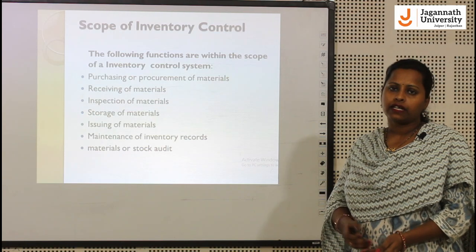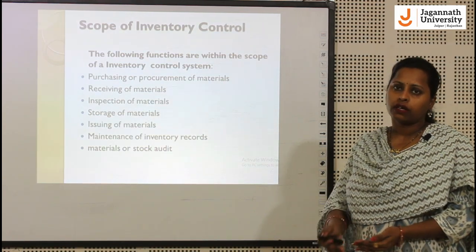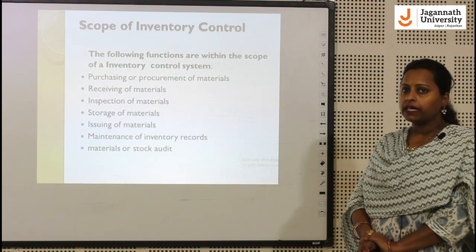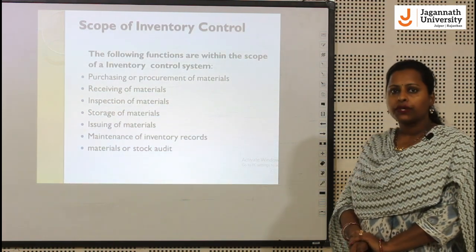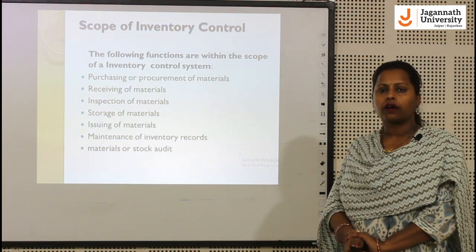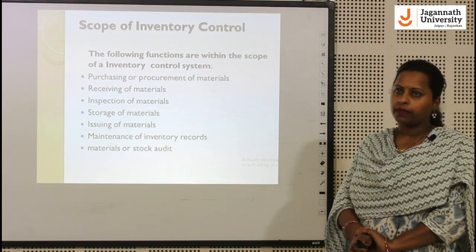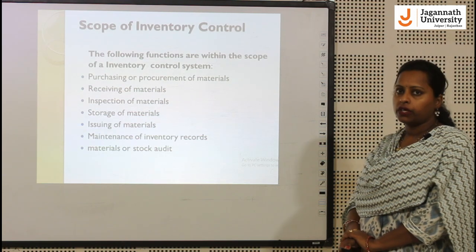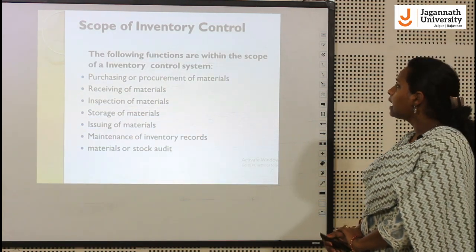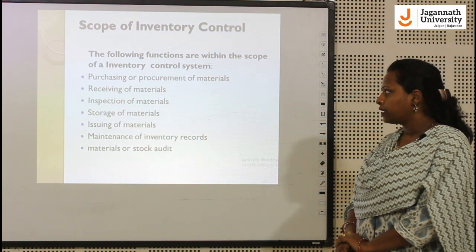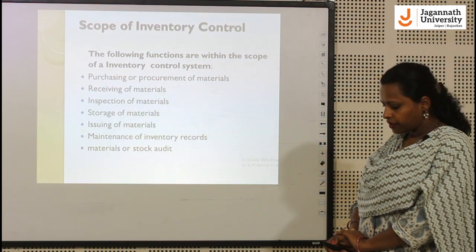Which type of material is required for proper storage, and which needs extra care, we will discuss later on. Issuing of materials: how much to issue according to the demand of the assembly line, the demand of the production people, how much material needs to be issued at once. Then the maintenance of inventory records and material or stock audits. These are the scopes of inventory control.